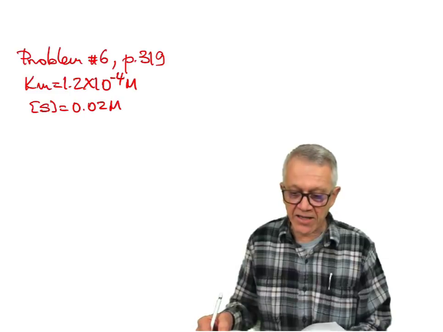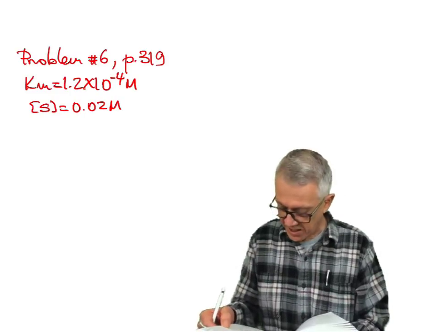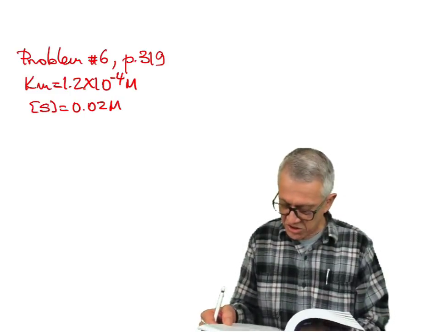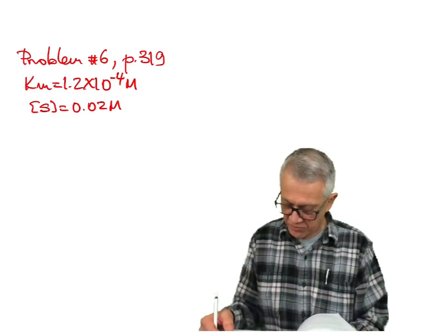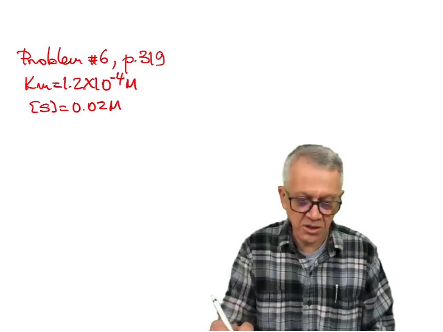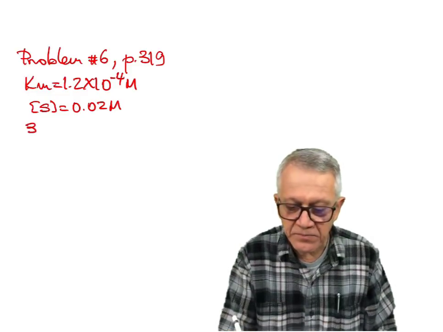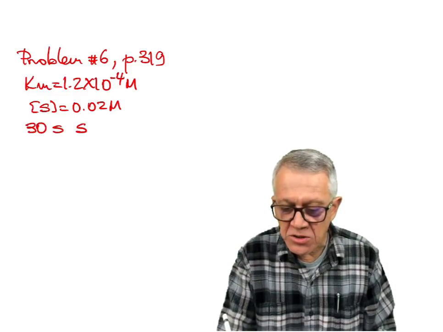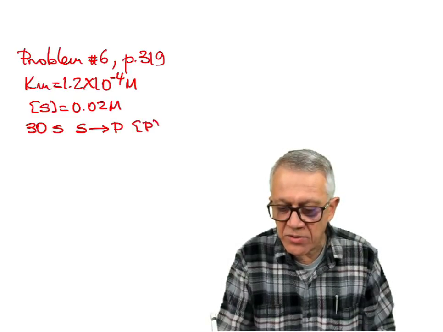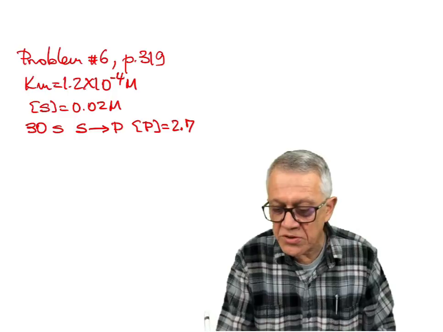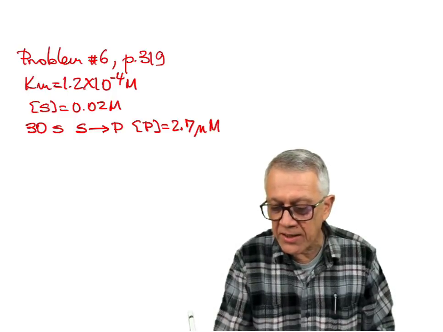First thing that comes to mind is that the concentration of the substrate is very high. By 30 seconds, 2.7 micromolar of the product has been produced. So after 30 seconds, the substrate becomes product, and we have a product concentration of 2.7 micromolar.